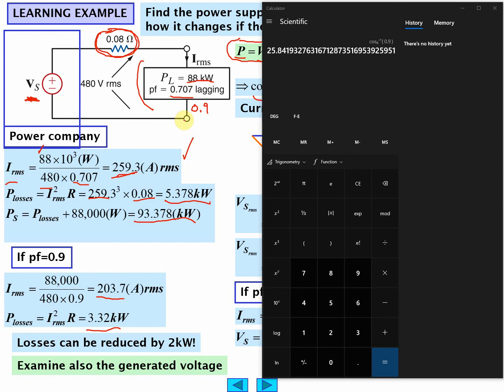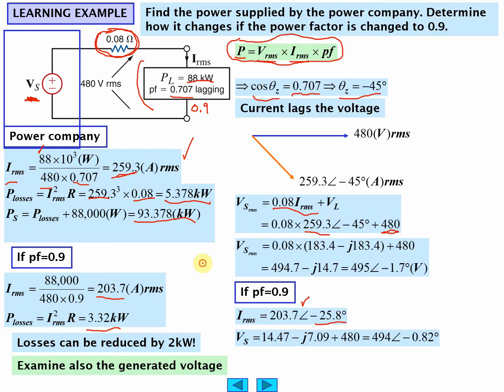So it's pretty easy. I brought up my calculator. You can see my calculator now. It's just the inverse cosine of 0.9. The inverse cosine of this gives you the 25.8. Inverse cosine of 0.707 gives you the 45. Okay, so the current and its magnitude and its phase angle, and then we can get the supply voltage.